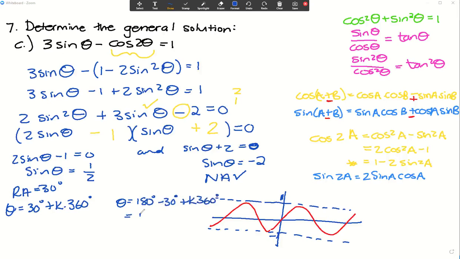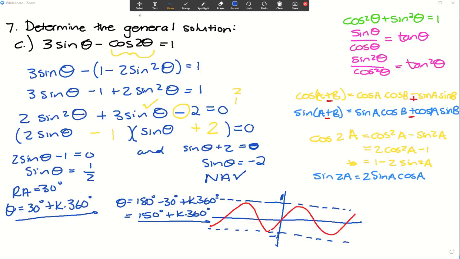And that ends up giving you 150 degrees plus k times 360. So I've got two general solutions that satisfy this, 30 plus k times 360, or 150 plus k times 360. And that is you determining the general solution for this item.